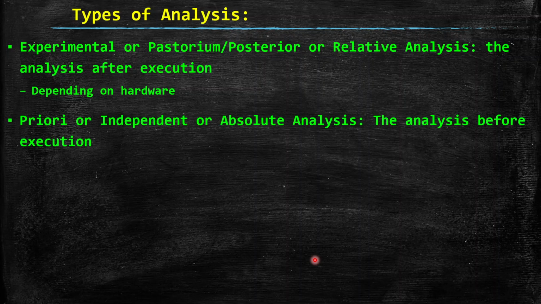Now the other one is a priori, also called independent or absolute analysis. In this analysis, we analyze before the execution, before writing the code. We are going to focus here on a priori, or independent or absolute analysis, which is best for analyzing algorithms before coding.